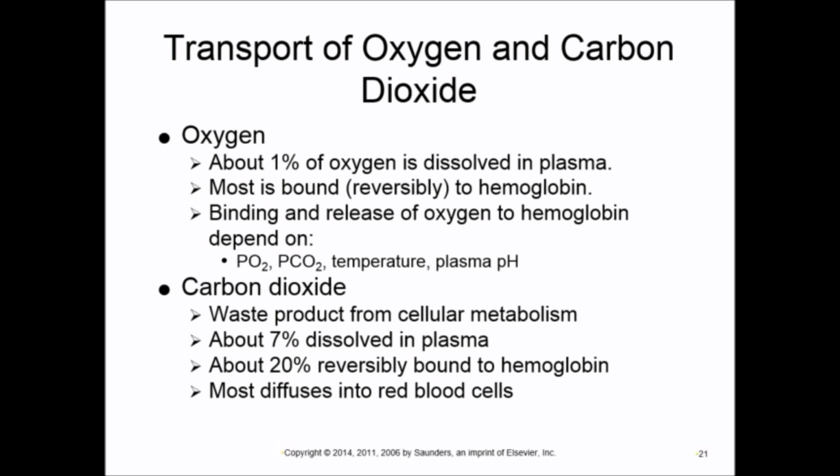So the oxygen is only 1% dissolved in the plasma. Carbon dioxide is 7%. From this, it will dissolve in the water part of the plasma, making carbonic acid, if that's what you're asking about. Yeah. I'm just trying to understand it.